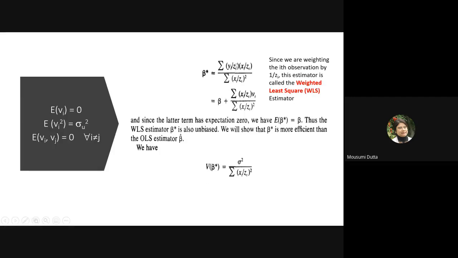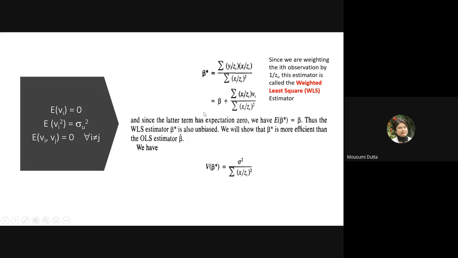So, in place of yi by Zi, if we bring beta xi by Zi plus Vi, we will get a cancellation between summation xi by Zi square in the numerator and summation xi by Zi whole square in the denominator. So we will get the beta, and the second component will be summation xi by Zi Vi divided by summation xi by Zi whole square.